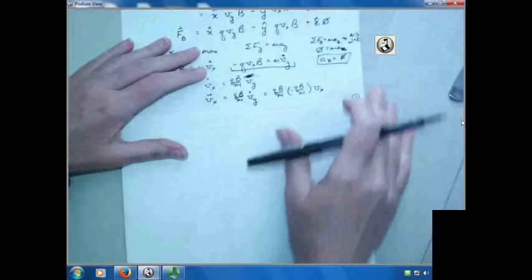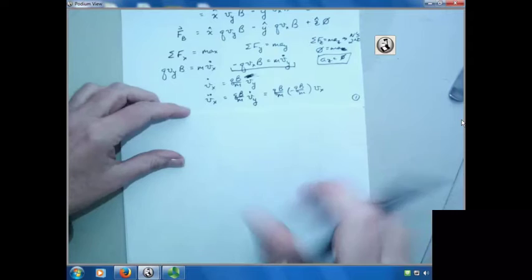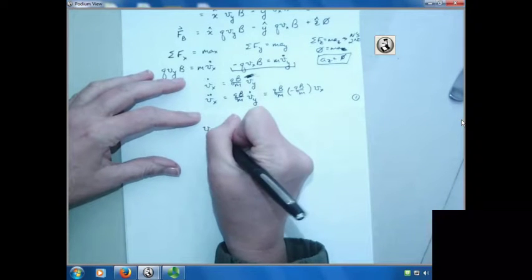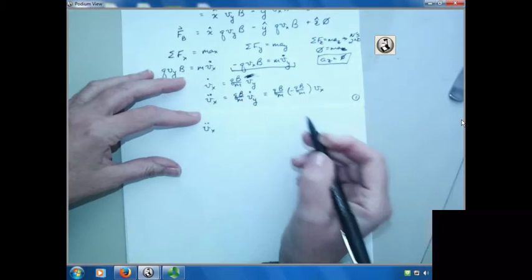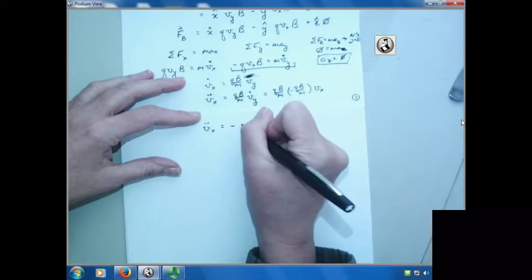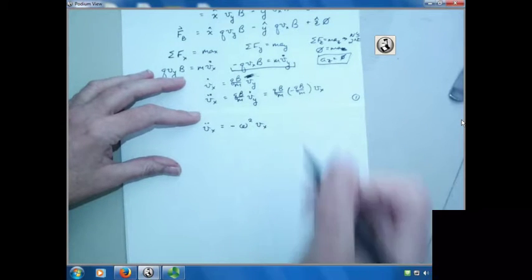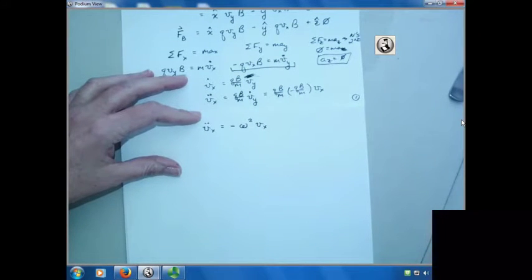So again, in 240, 250, we looked at that and we said, okay, well, that's not too hard. I've got Vx double dot is equal to negative some constant squared, I'll go ahead and call it omega squared, times Vx. I only know two functions whose second derivatives are proportional to themselves with a minus sign.